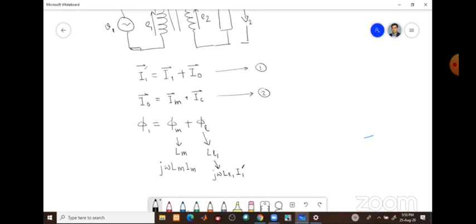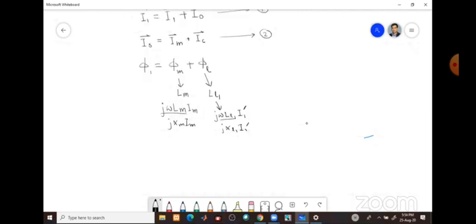The amount of leakage reactance voltage drop depends on the total primary current I1 prime, and the voltage drop due to the mutual flux equals Lm into Im. Sometimes we write this term as j Xm into Im, and this term as j Xl1 into I1 prime. So these two reactances will be there in the primary circuit.